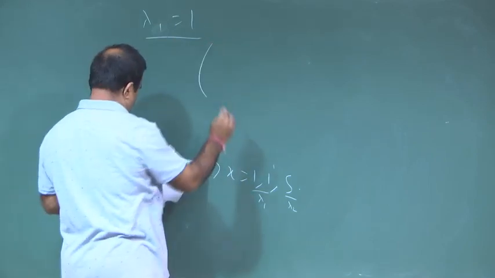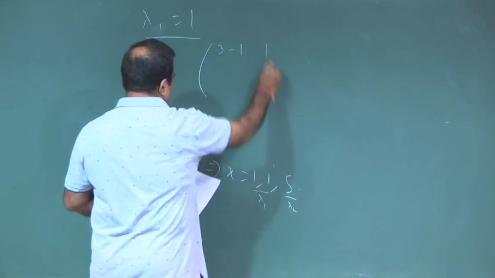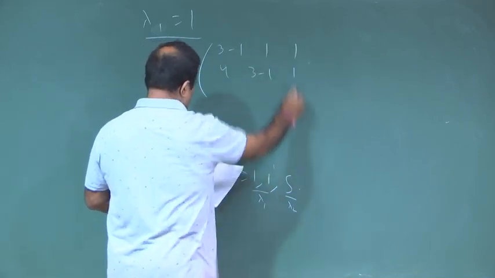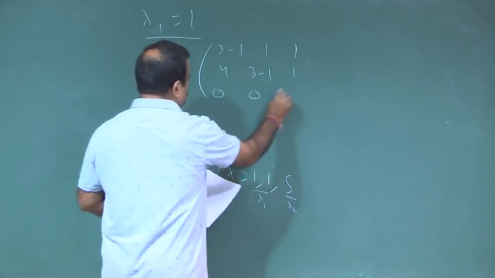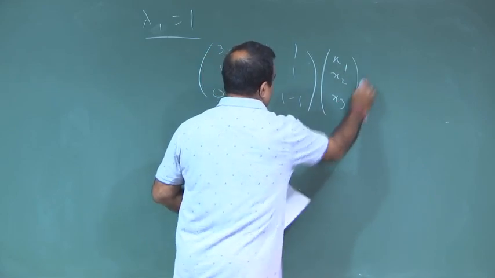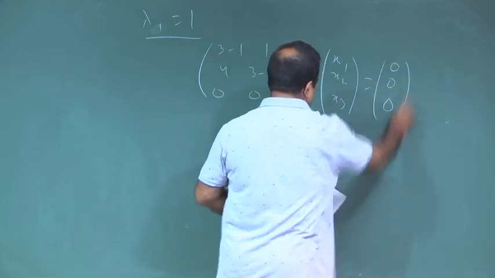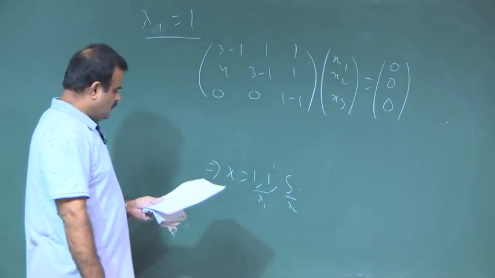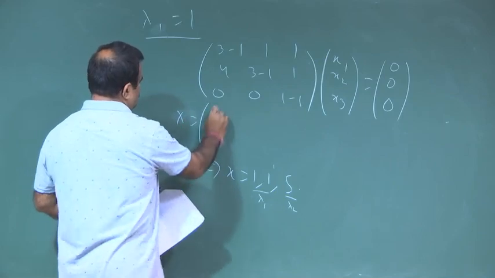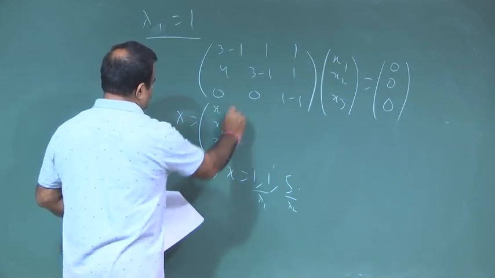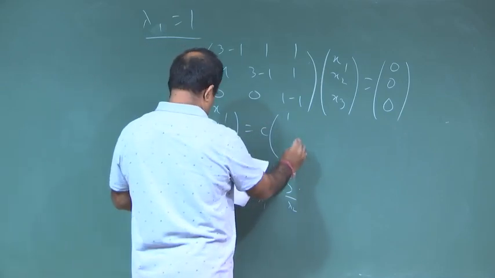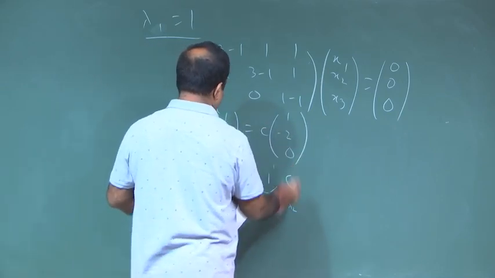So, we need to solve this equation: (1, 1, 4), (3 minus 1, 1, 0), (0, 1 minus 1) times (x1, x2, x3) equals (0, 0, 0). If you solve this equation, we will get x, which is (x1, x2, x3), nothing but some c times (1, -2, 0).